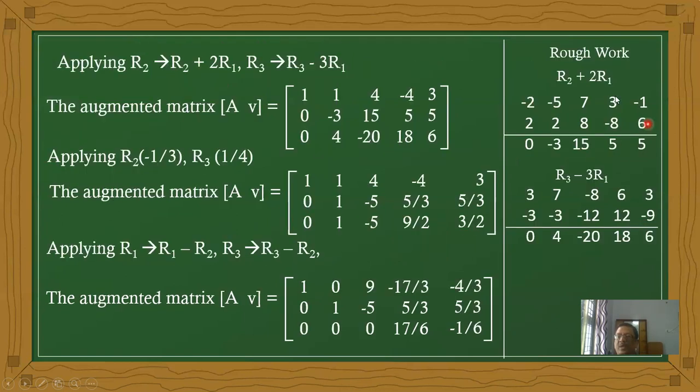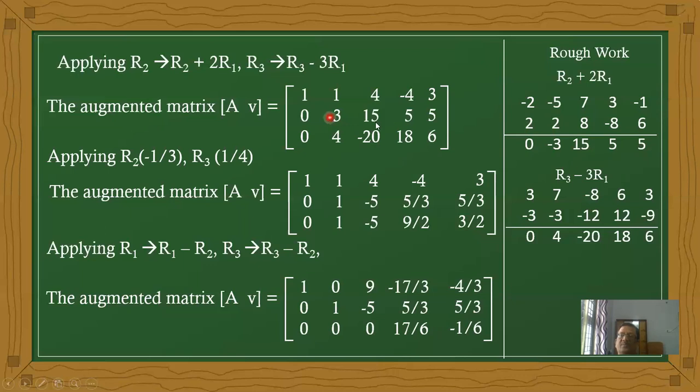Now addition. Therefore the sum becomes 0, minus 3, 15, 5, 5 now. Therefore the entire second row becomes 0, minus 3, 15, 5, 5.